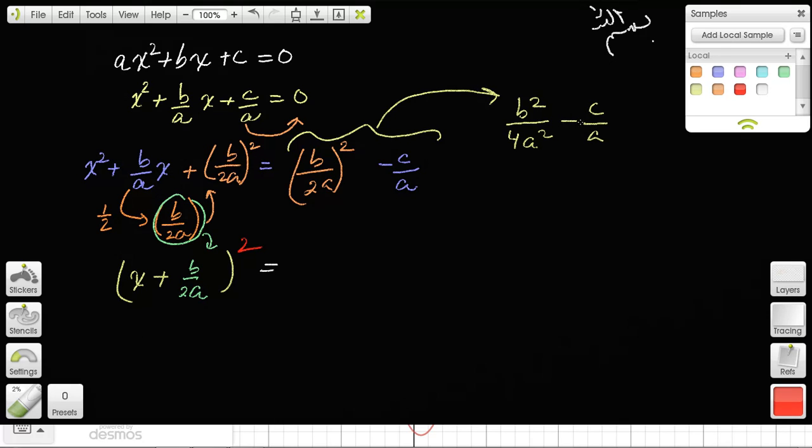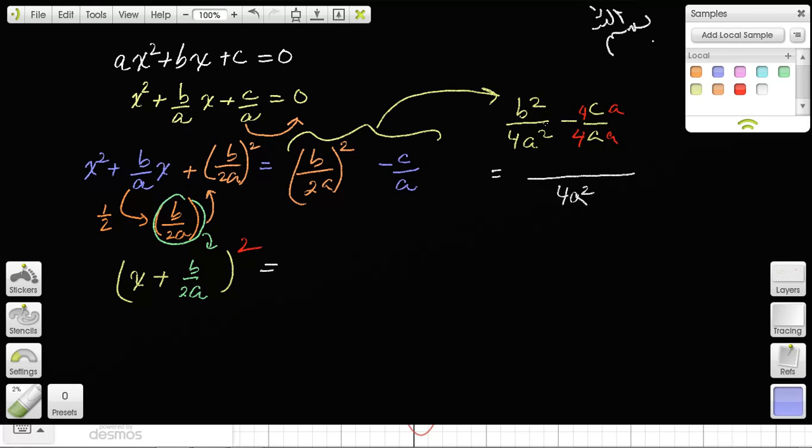So now we have to add this fraction. We have to get a common denominator. I multiply, I need an a and an a. Ta-da, got it. So now I can add those two. The common denominator is 4a squared.